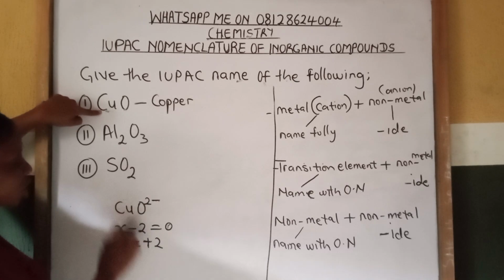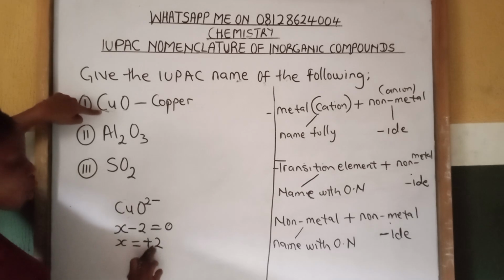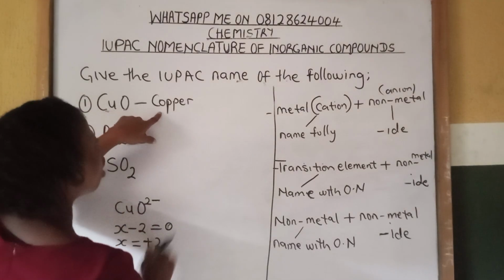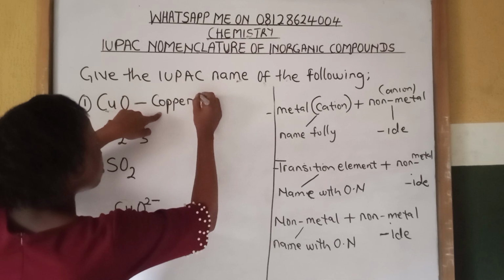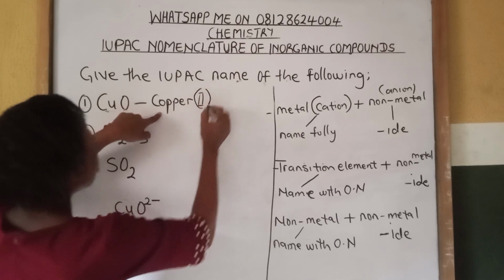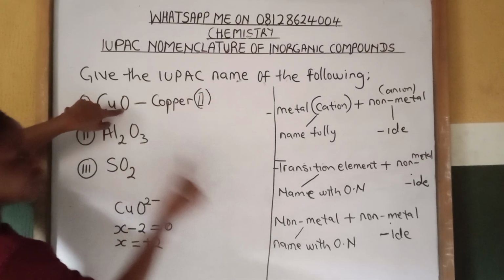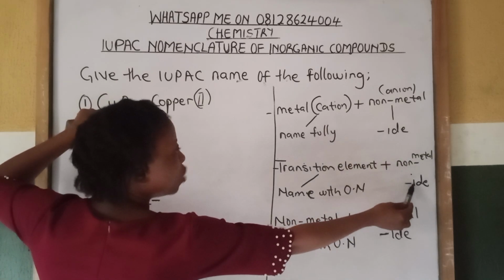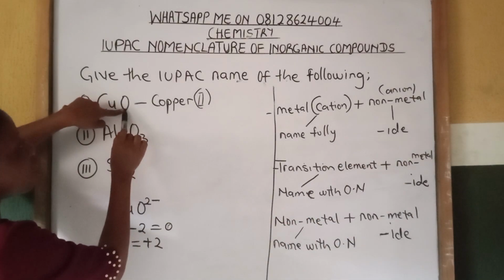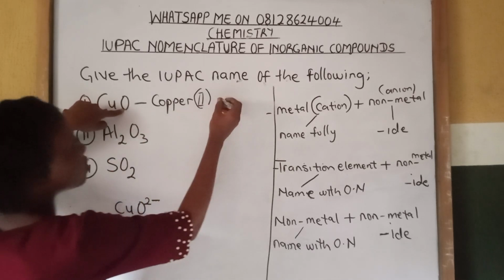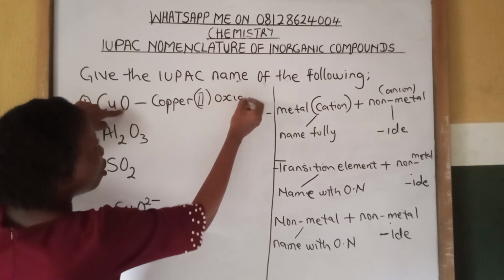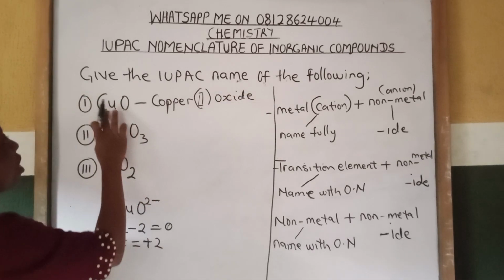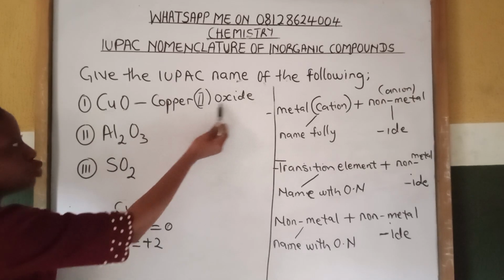So the oxidation number of copper is 2. So you call it copper 2 what? Then oxygen, the second element, which is a non-metal, will end with "ide". So you do not call it oxygen anymore, you call it oxide. So the name of this compound is copper 2 oxide.